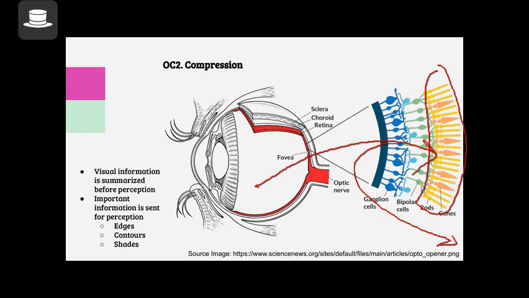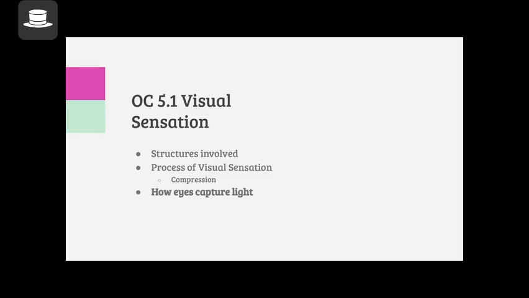That brings us to the next outcome, how eyes capture information. Again, keep in mind, we are only talking about what happens before compression. It's how the eyes actually capture information from the external world. So that would be the last outcome, and that's what we'll talk about in the next few slides.